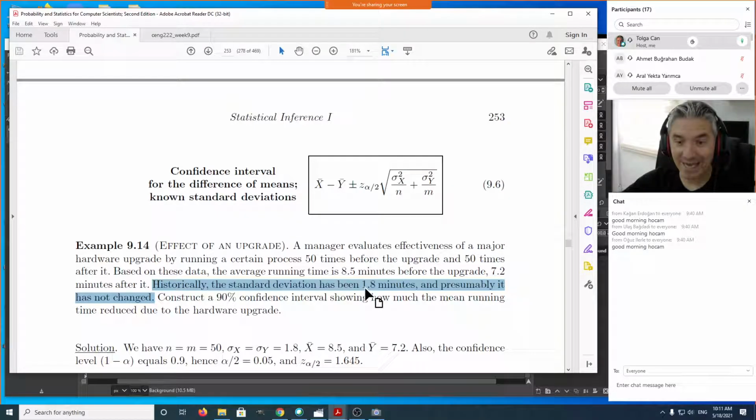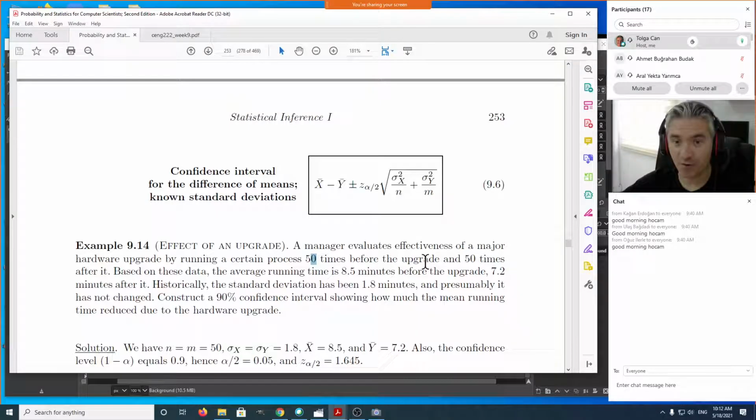This 1.8 here is not the standard deviation of the 8.5 running time. It's not the sample standard deviation, okay? If 50 could be considered large. By the way, you may ask, this is a very natural question when you say large sample, small sample, what is large? It's really not a quantitative value. Large is something subjective. For example, is 10 large?